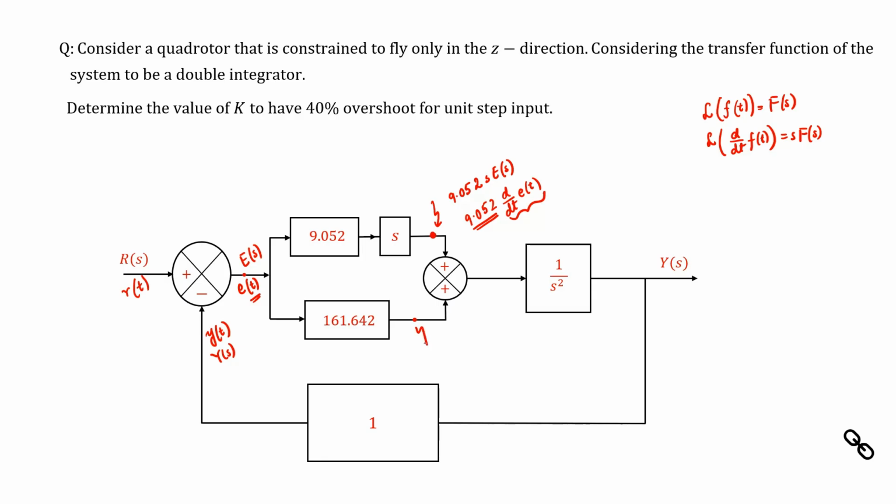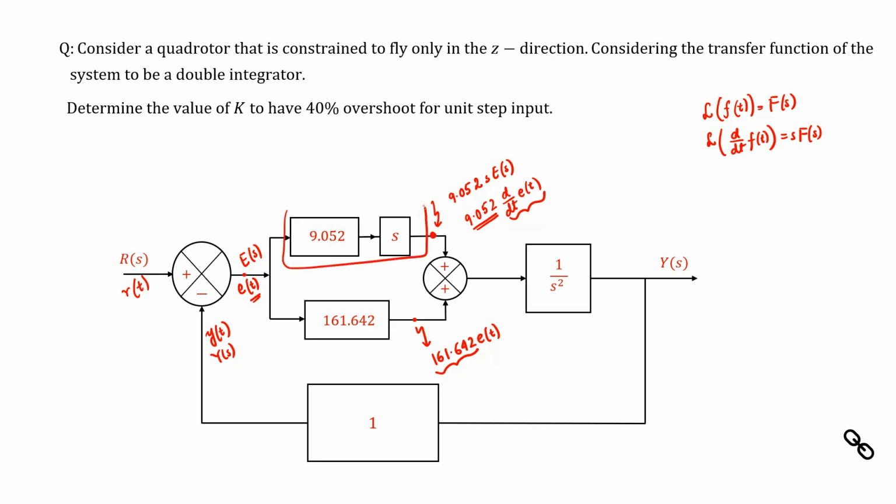Whereas the output at this point is 161.642 e(t), which means the output at this point is proportional to the error signal directly, and the proportionality constant is 161.642.